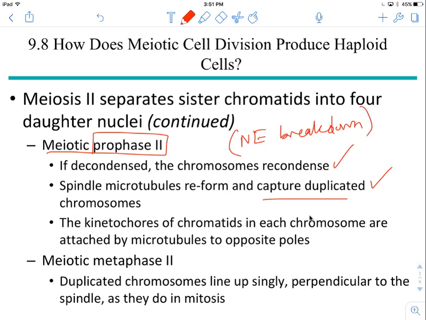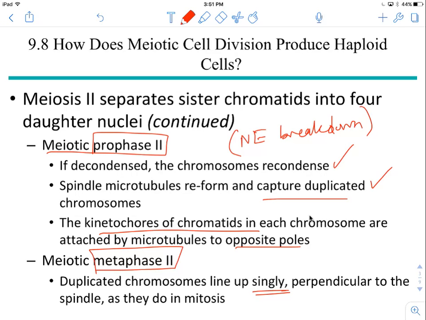So if it reforms, you break it down. If it didn't reform, you don't have to worry about it. And again, the kinetochores of the chromatids are attached by microtubules from opposite poles because we're going to separate the chromatids.